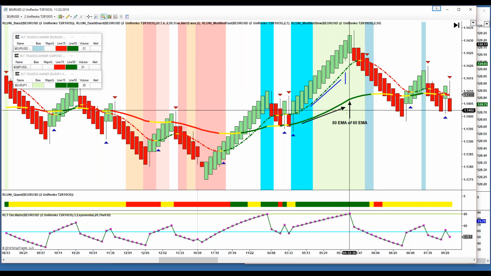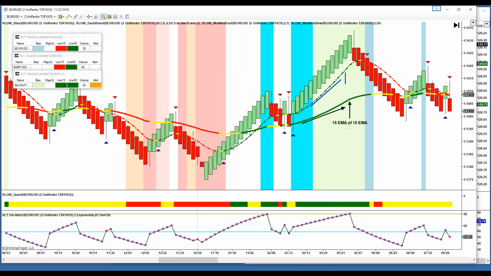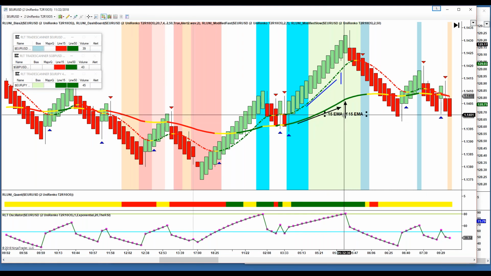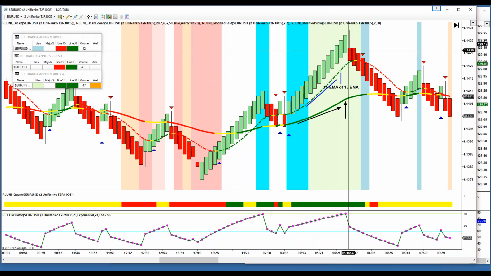And the upper line is a 15 EMA of a 15 EMA. I don't know anyone that's ever done that before, but by taking an EMA of an EMA, we smooth the line, and it doesn't get buffeted around by price like an EMA normally does. But you need an EMA to track this kind of exponential price movement.